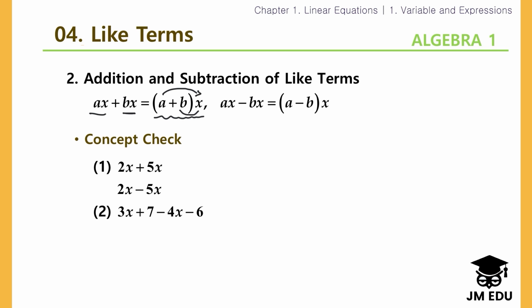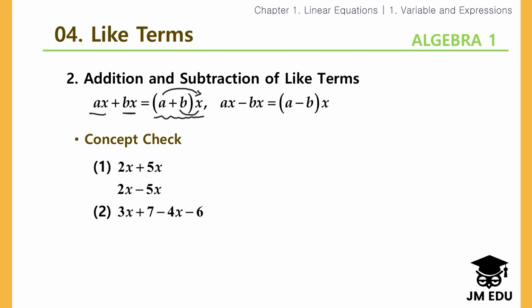So when two like terms are added, all we have to do is add these two coefficients, these two numbers, just like this. If it's a subtraction, just like addition, we subtract b from a and write the variable x.